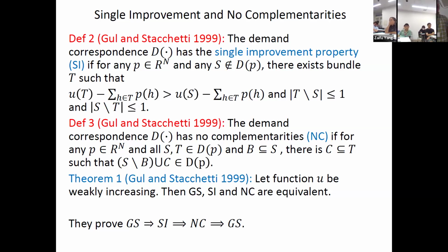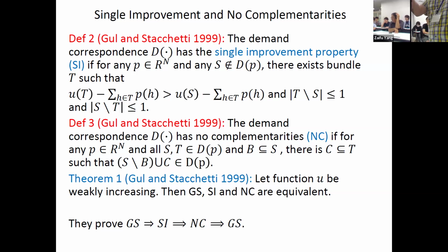Then Gul and Stacchetti introduced two very elegant properties of GS. The first one is called single improvement. What they mean by single improvement is that at price P, you take a suboptimal bundle S, and you can always improve this bundle by deleting one atom, by adding one atom, or by doing both.